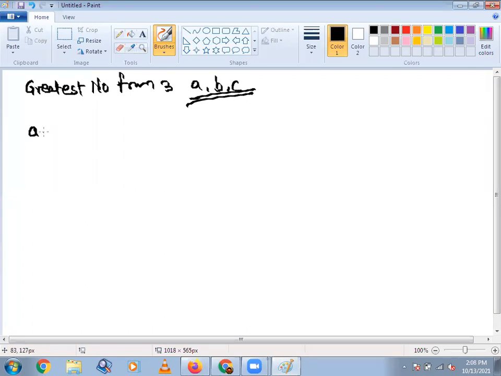How can you identify which is the largest number from these three numbers?